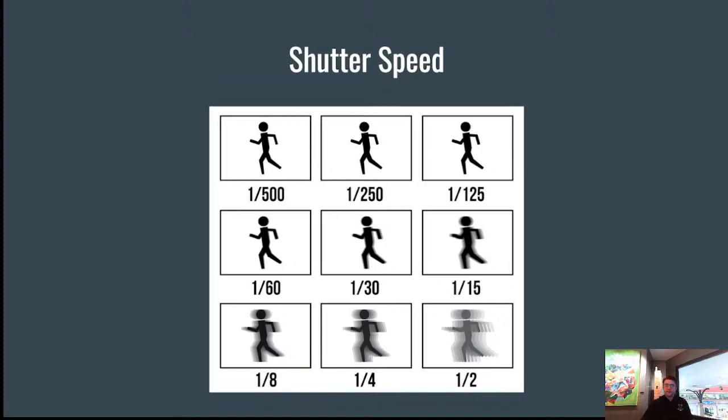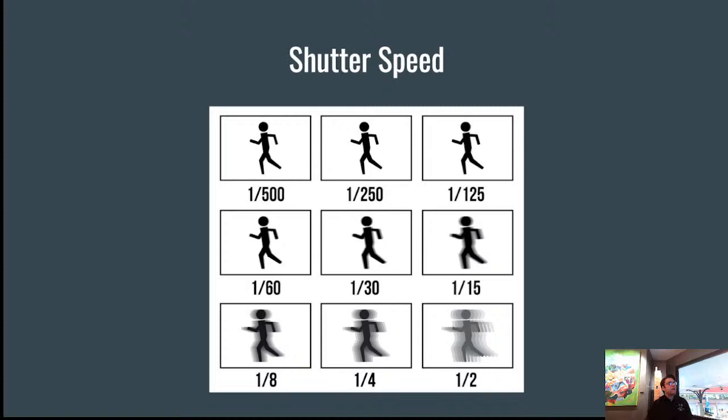Or I apologize, flip-flop that. The bigger the number, the slower; the lower the number, the faster. So when we start at 1/500ths, that shows a gentleman running, and it's supposed to show him running quickly, I would say. So 1/500ths should capture the runner in motion with little to no blur.